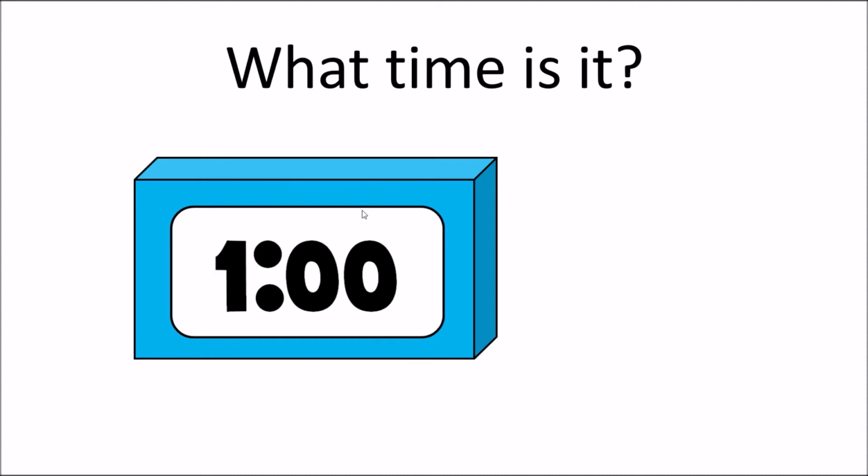And when 60 minutes have passed, or 1 hour has passed, we still say o'clock. So we don't write 60 here. We just write 00, and this means o'clock. So right now the time is 1 o'clock.